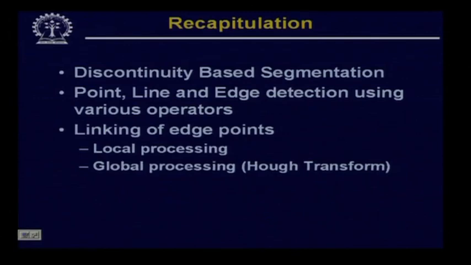Under this, we have seen various point, line and edge detection operations which are used in this segmentation process. Here the basic purpose was that an object is to be described by its enclosing boundary, which is obtained using one of these discontinuity based operations.